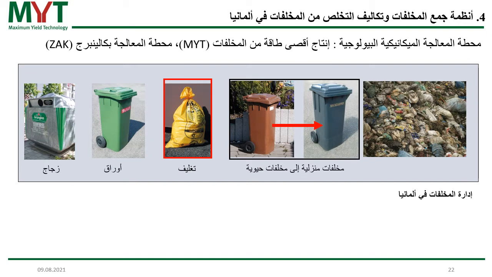So with this slide, we want to show you again how Germany is set up. So the glass is collected separately, the paper is collected separately, the packaging is collected separately, but from the packaging you find quite a big portion also in the waste which goes to the MYT facility. And then we have the brown and the gray bin.